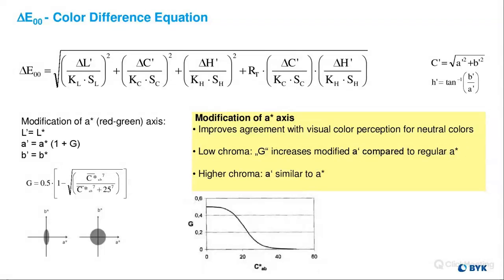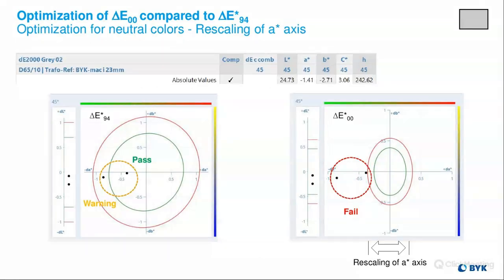So if I look at the differences here, if I use delta E94 for this example, those two samples are a warning. But if I use delta E2000, which matches closer to what I see visually on this gray color, those two samples would be failures.